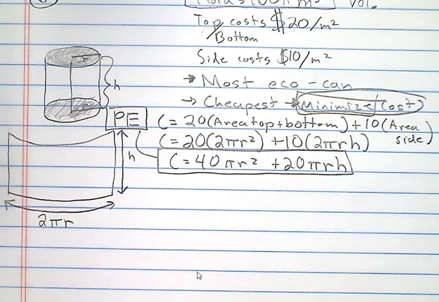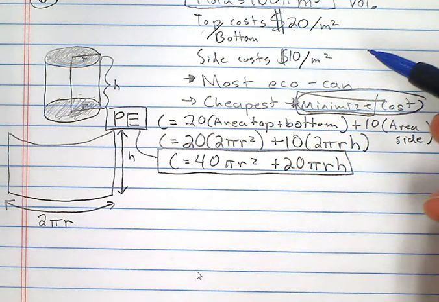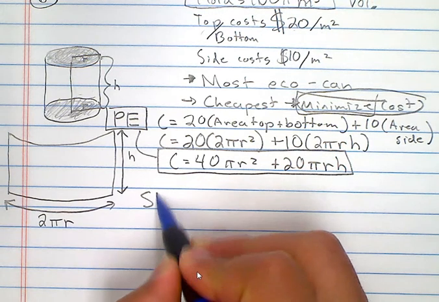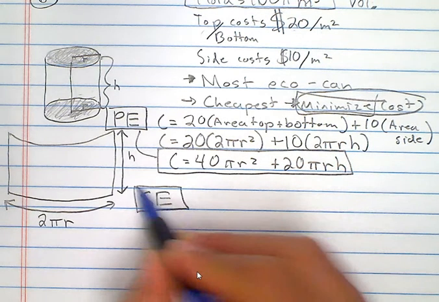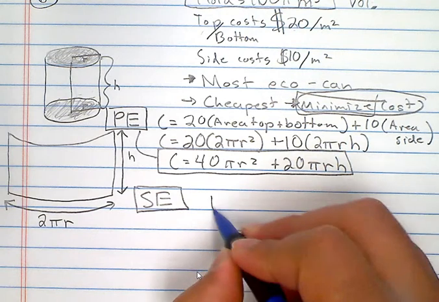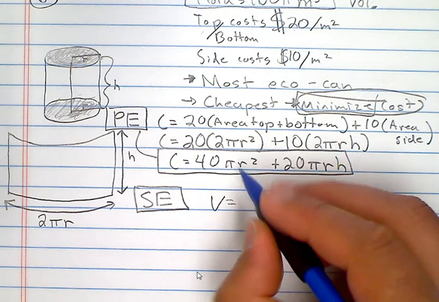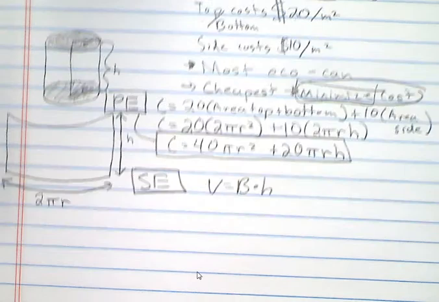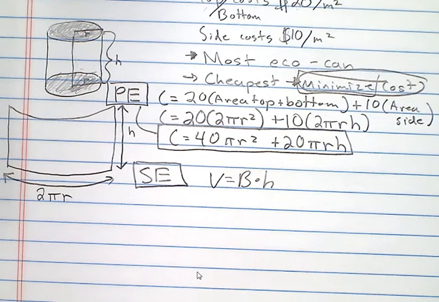So we use our parameters that were given, the volume, as a secondary equation. We know that the volume of any prism is equal to big base times height. I call it the big base because it's the area of the base, not just the length of the base.